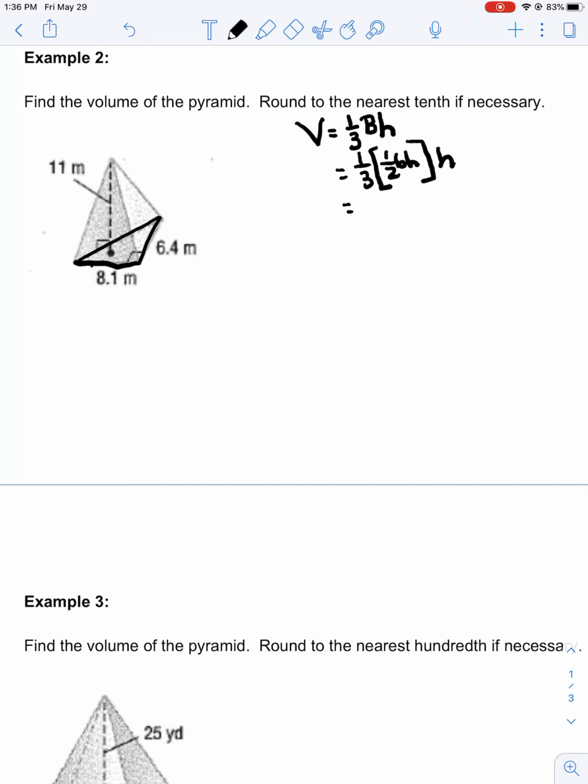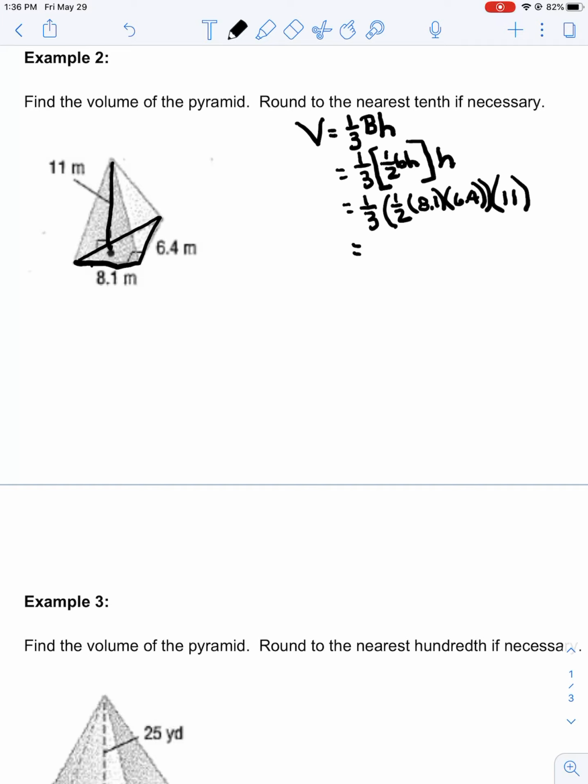So now we can replace our values. We have 1/3 times 1/2. Our base is 8.1. Our height of that triangle is 6.4. And then the height of our pyramid is 11.